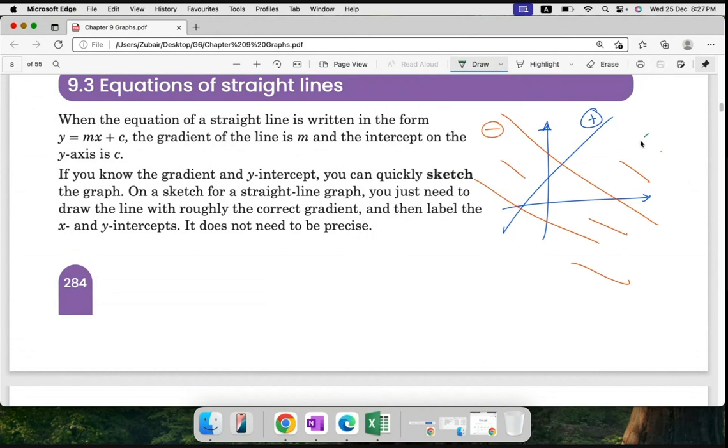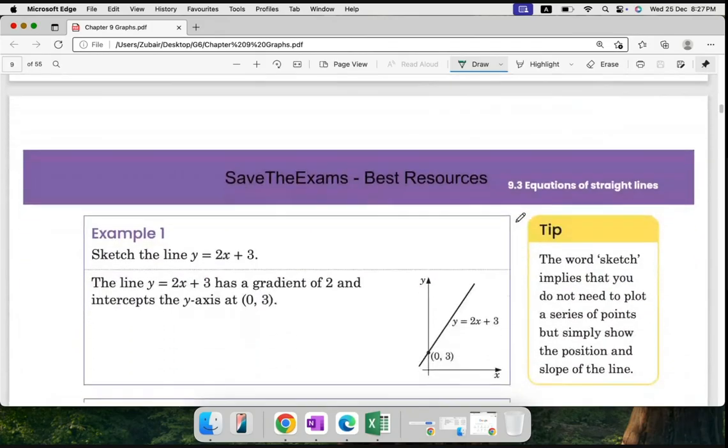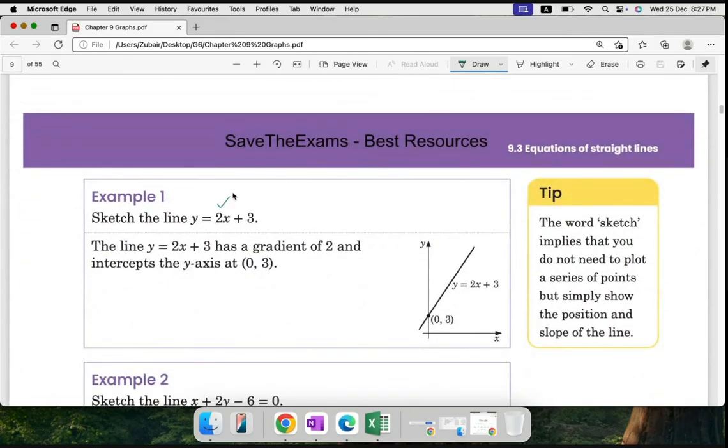And in positive gradient, no matter where the line lies, x and y both are increasing. That is positive gradient. So we know that gradient is positive, that is 2, and y-intercept is positive, that is 3 in this case. So x-axis, y-axis, I already know that the shape would just look like this, but it intersects at plus 3. This is the point of intersection, that is y-intercept. X is 0, y is 3.